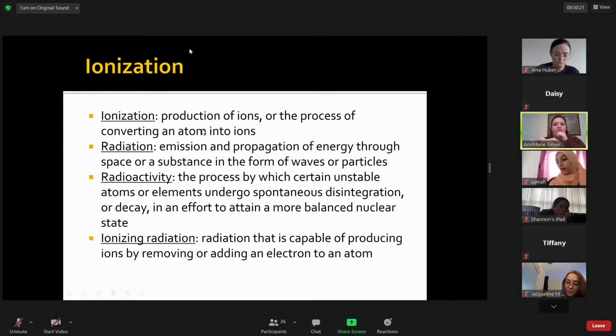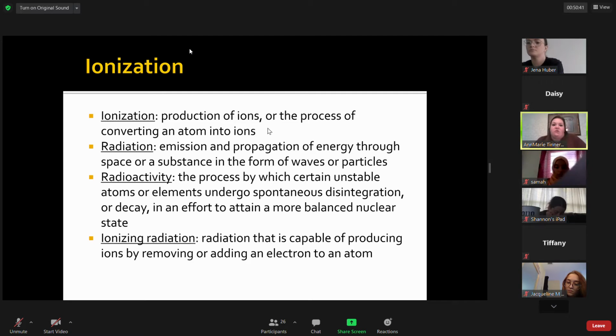All right, radiation, you guys already should know what that is. Radioactivity is the process by which certain unstable atoms or elements undergo spontaneous disintegration, and in that effort, they attain a more balanced nuclear state.